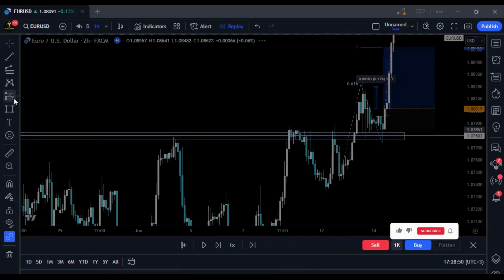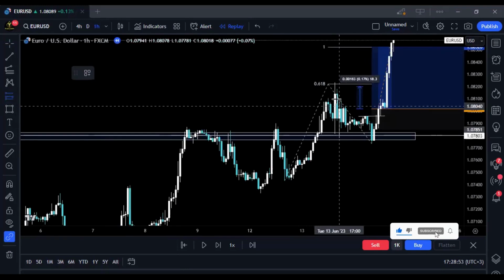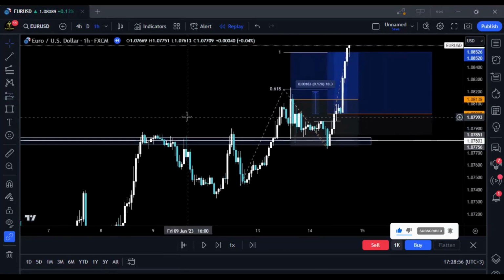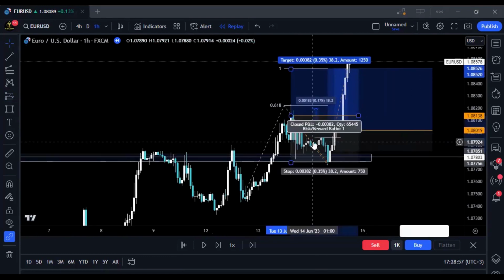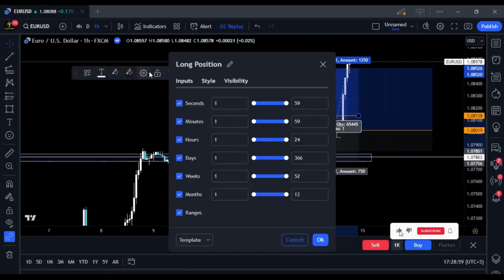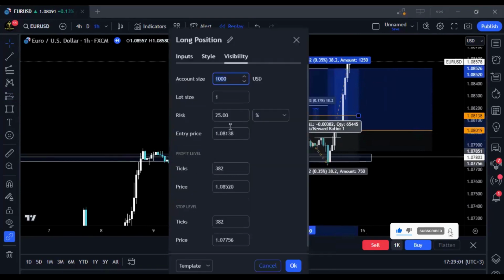So let me switch back to 1 hour and show you where we placed the trade. It was somewhere here. The trade that we took, the entry price was 107738.